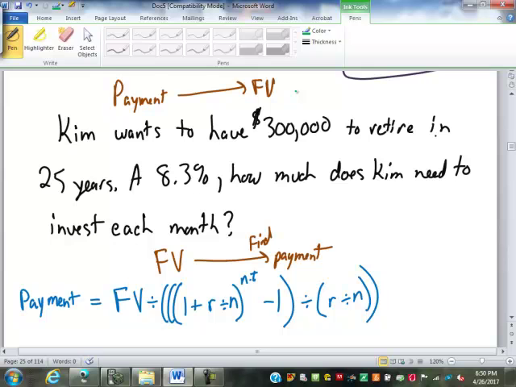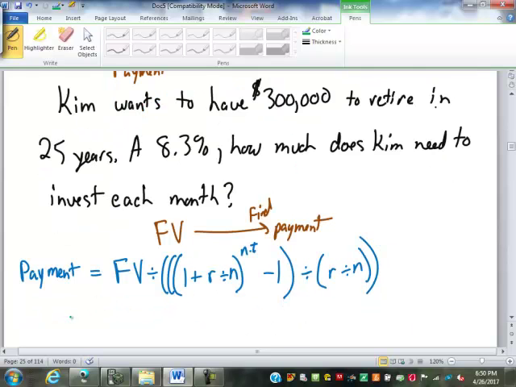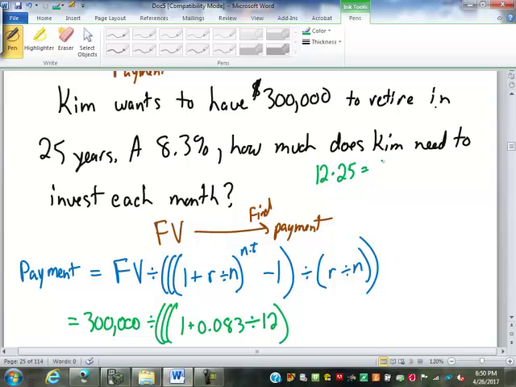So let's look at this particular example for Kim. Kim wants $300,000 divided by 1, 2, 3. 1 plus 0.083 divided by 12, close parentheses, the power of 12 times 25, right? 12 periods a year times 25 years is 300.